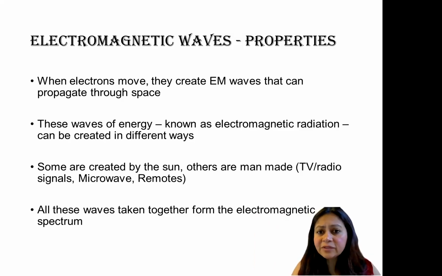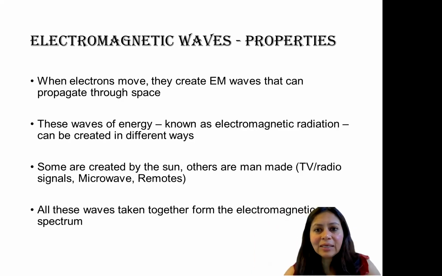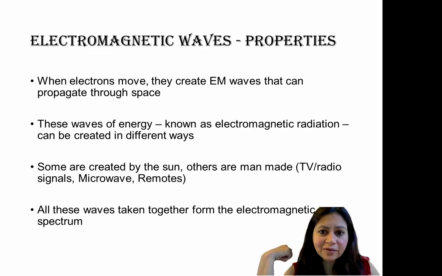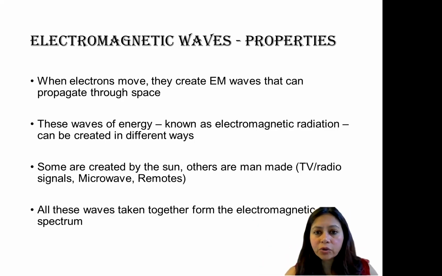There are natural waves. The sunlight is, again, packets of energy, photons that come to us. That's a wave. And then there are man-made electromagnetic waves, like the TV waves, the microwaves, the radio, remote control, your garage door opener.